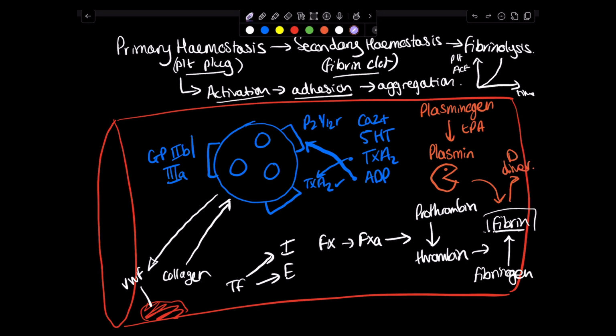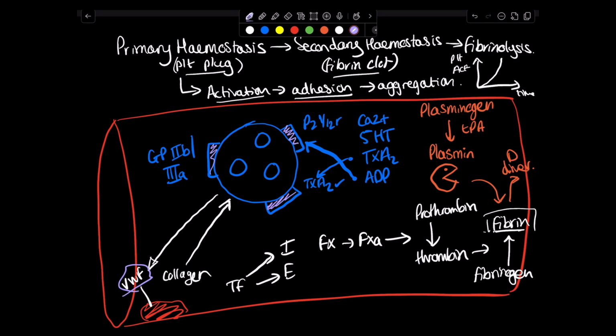So to understand the clinical relevance of it all, first of all, we've got von Willebrand's factor, which is deficient in patients with von Willebrand's disease. It's an inherited condition with variable penetrance and is the most common blood clotting disorder with a prevalence of around 1%. The platelet receptors here allow you to classify antiplatelet drugs.